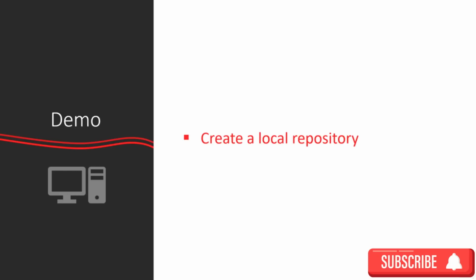In this demonstration you will learn how to create a local repository. Let's switch to the command line. As you can see, the command line is on the D drive of my computer. Now let's create a folder for our project.